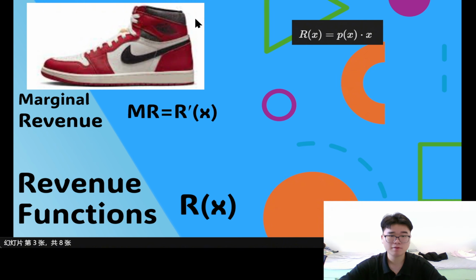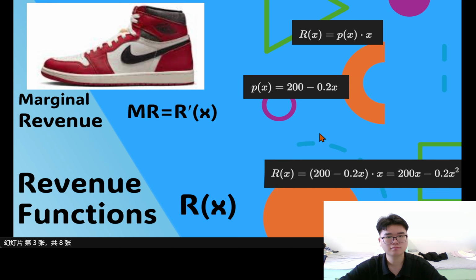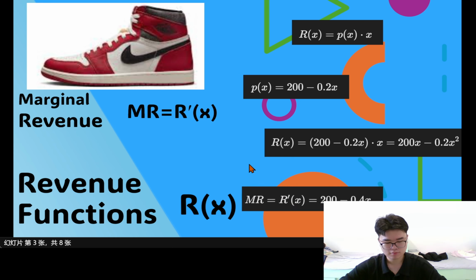AJ1. It is popular among young people, isn't it? We assume that the function about AJ1 is this. And then we can get the revenue function about AJ1. And we calculate its derivative.